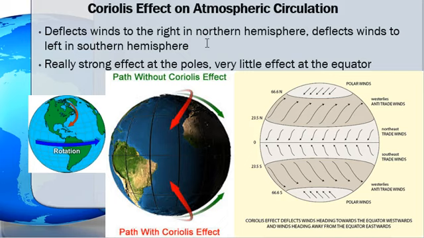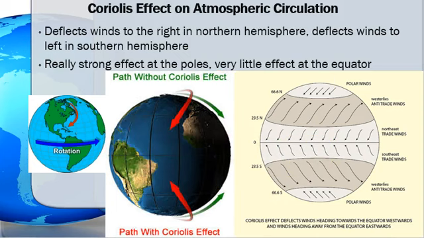Now, another thing you need to know about the Coriolis effect is because of the way the Earth is spinning on its axis, there's a very strong Coriolis effect at the poles. And there's not as strong a Coriolis effect at the equator. So you're going to notice that it deflects the winds a lot more in a much more severe angle at the poles than it does at the equator. At the equator, they're going to be closer to their natural angle.